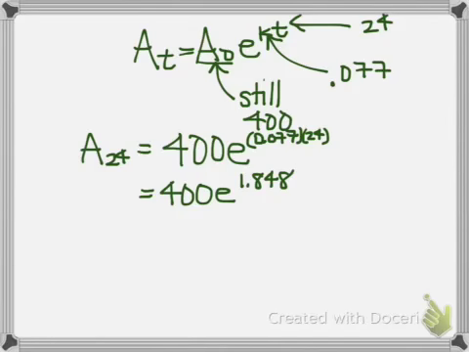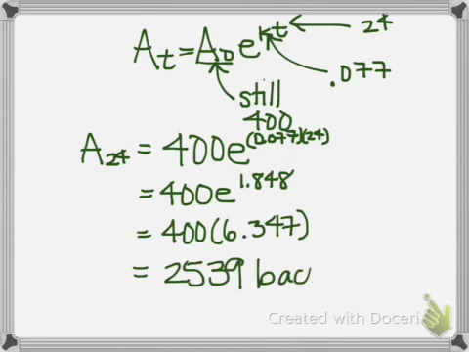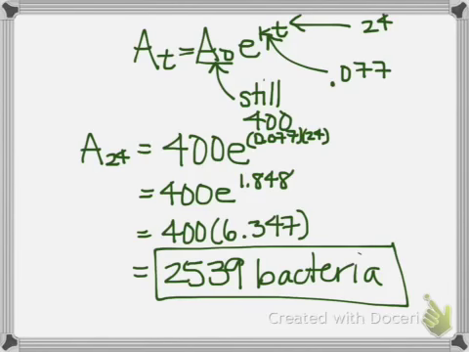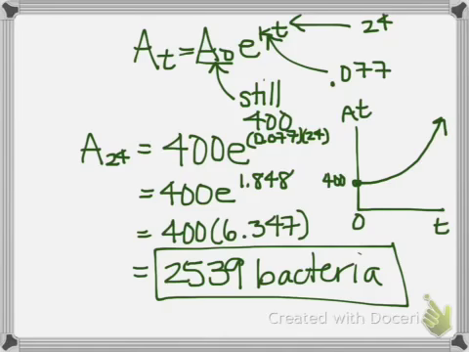So we just work that out on the calculator, and we get 2,539 bacteria. When we make a graph of the problem, we know that we started at 400 and that it's exponential growth, and that's basically all you need for the graph.